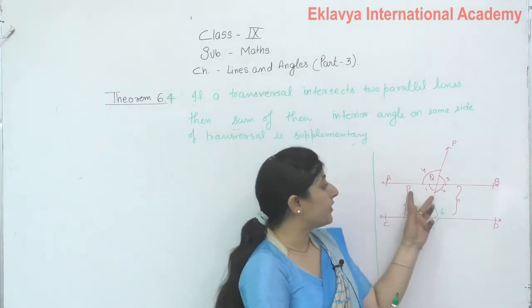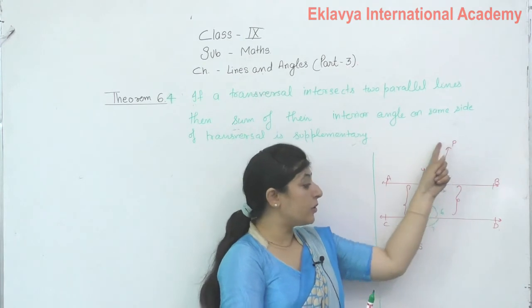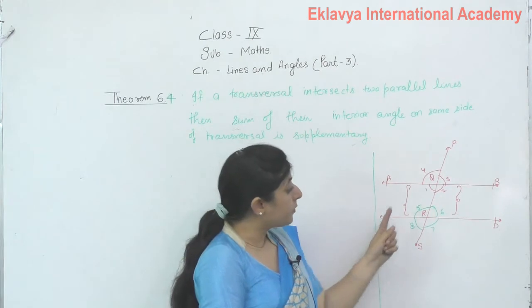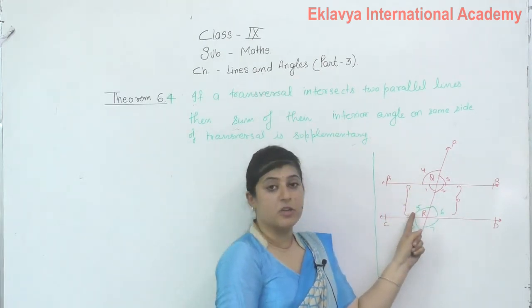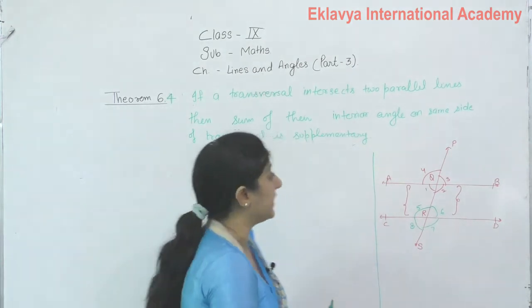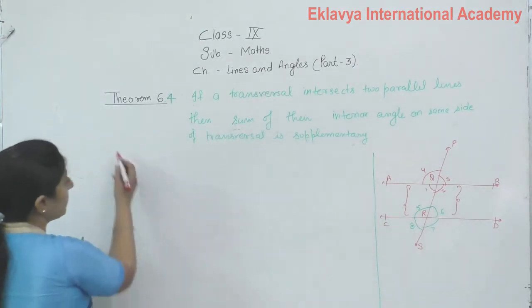We have to prove it. It is given to you that a transversal intersects two parallel lines. Then we have to prove that 1 plus 5 is equal to 180 degrees and 2 plus 6 is equal to 180 degrees. How to do it? Now start.